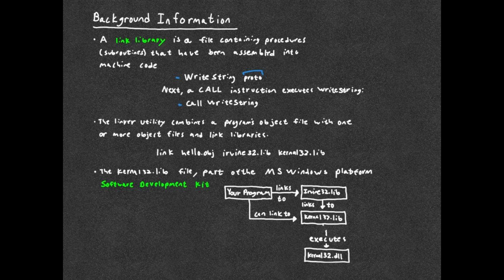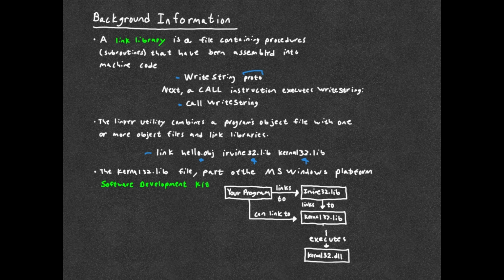The linker utility combines a program's object file with one or more object files in link libraries. The following command, for example, links hello.obj to the irvine32.lib and kernel32.lib libraries: link hello.obj, irvine32.lib, and kernel32.lib.